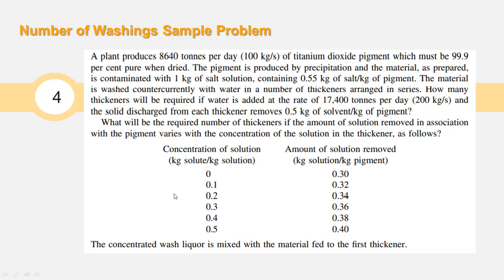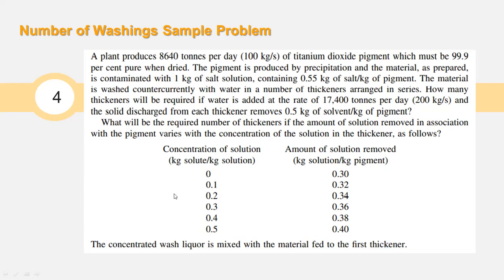After drying, it is the goal that your titanium dioxide pigment would be 99.9% pure. Meaning if there should be any solute remaining on it, that would only be like 0.1%. Because when we speak of drying here, it's understood that all the water has been removed already.